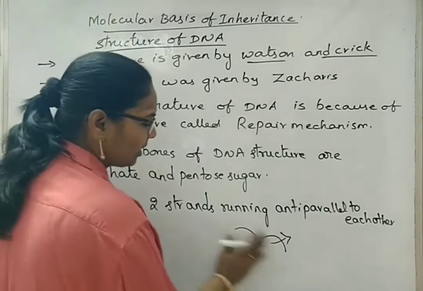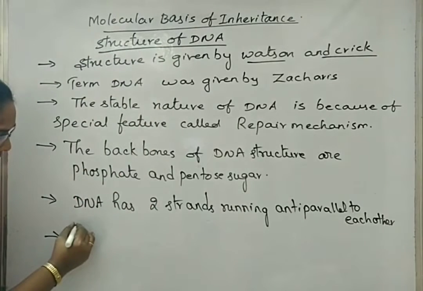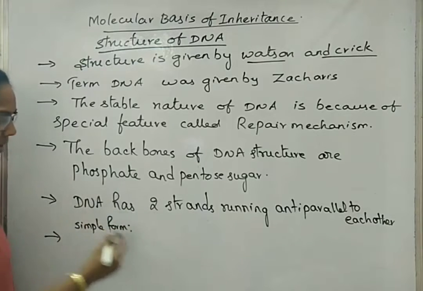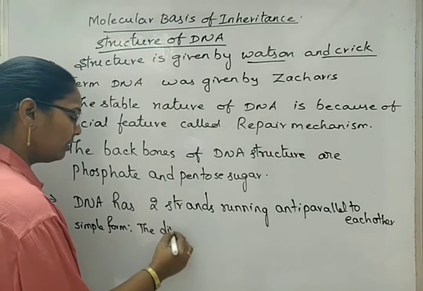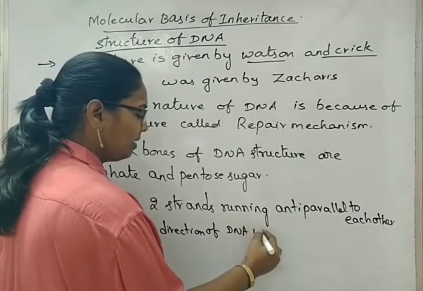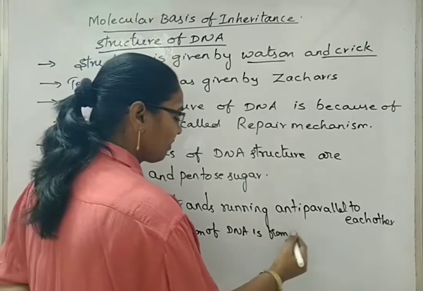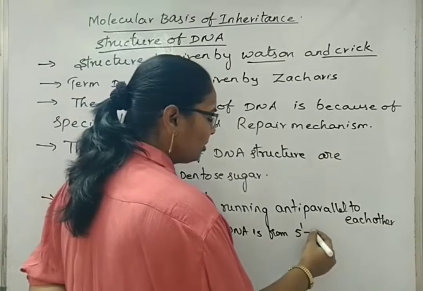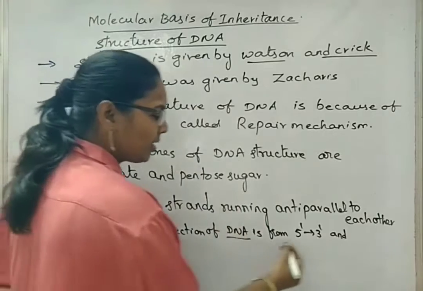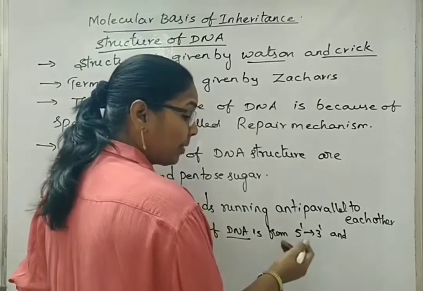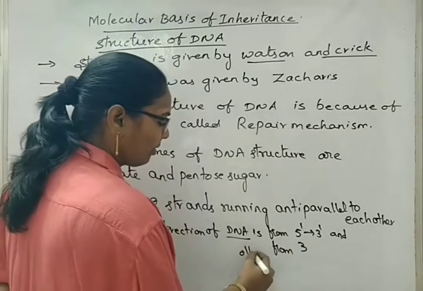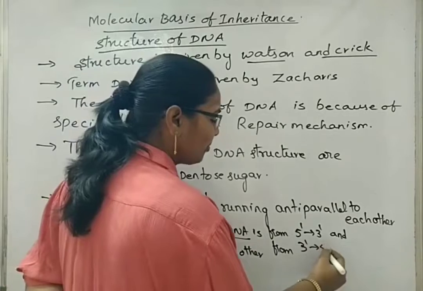I will make two different types of sentences now. The simple form of the sentence is, the direction of DNA is from 5' to 3', and because two strands are there and one is running anti-parallel to the other, the other one is from 3' to 5' direction.